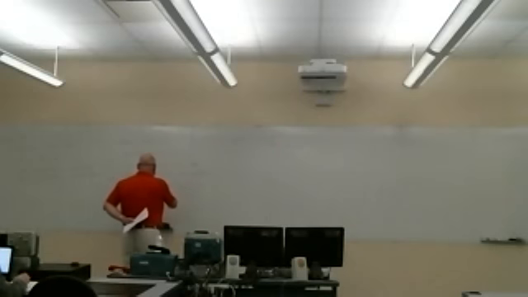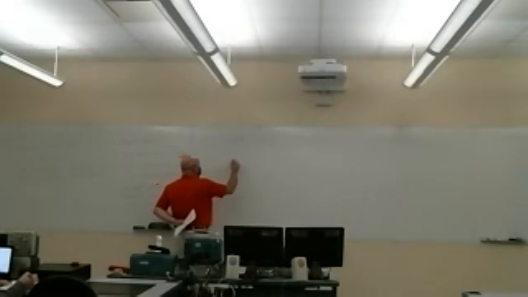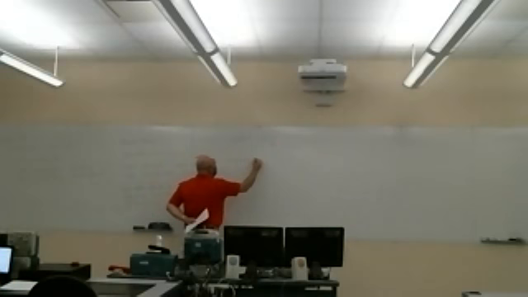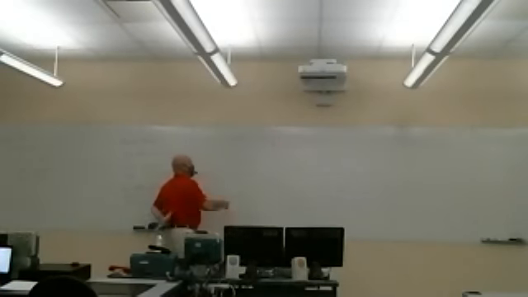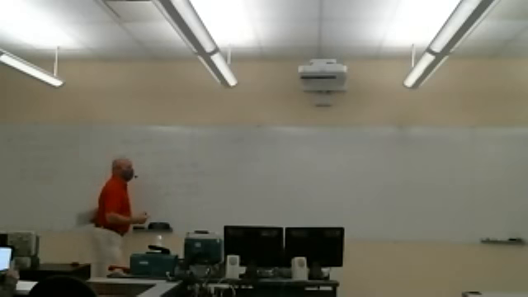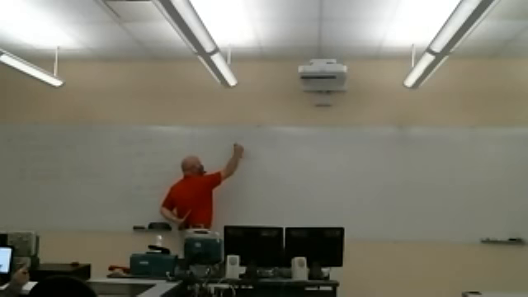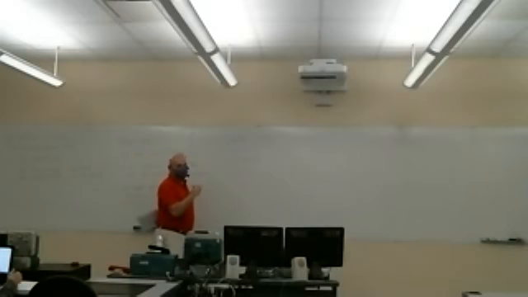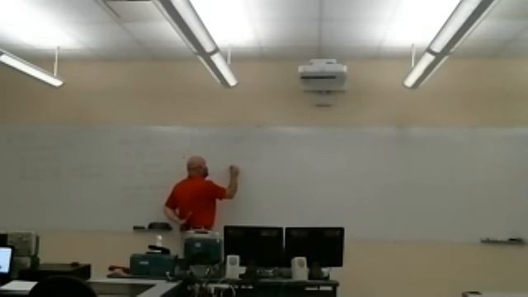If you load it in using the LDRB, the result would be 000000FF, which is 255 unsigned. If you load it in using LDRSB, it takes whatever the most significant bit is, now it's a 1, because this is a negative value, and fills the rest of this with that bit.